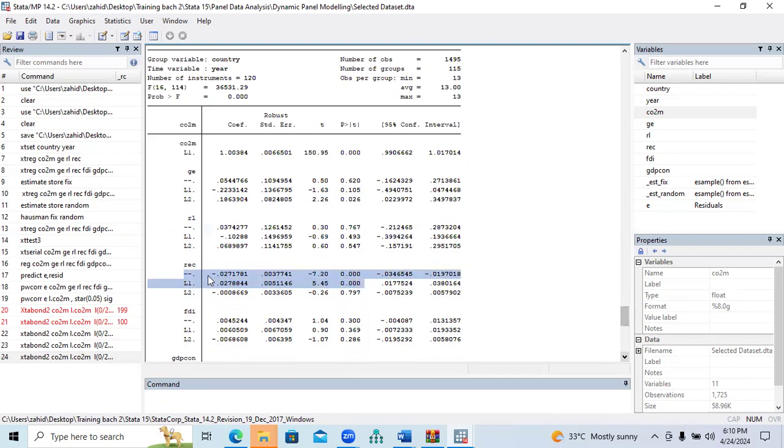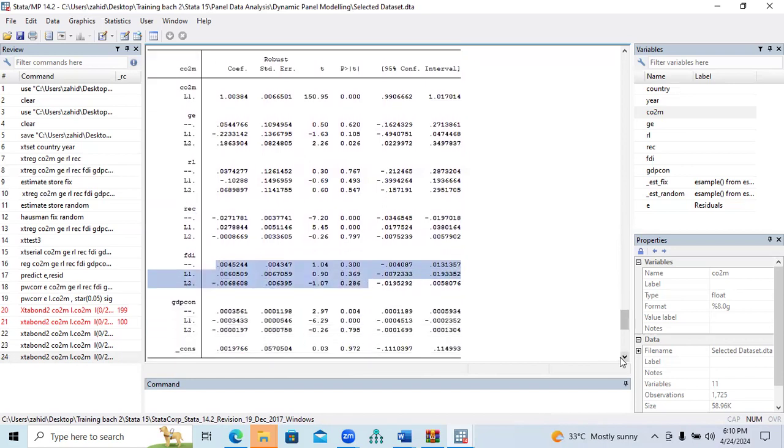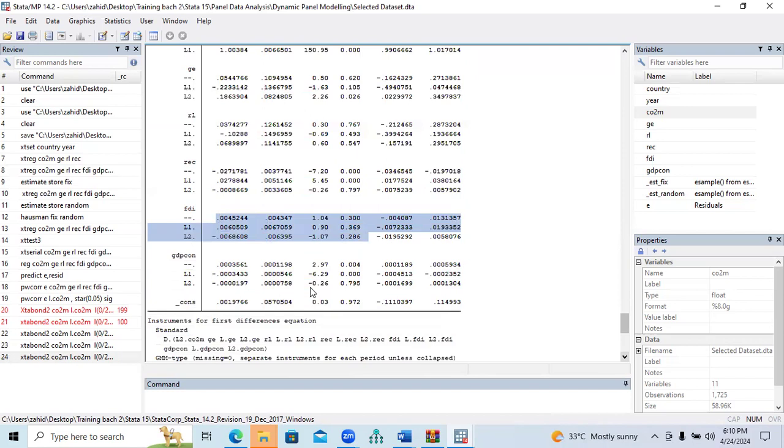In case of the current value it is negative, but in case of the first lag it is positive. Then if you see the FDI, it is not significant at the current level or the previous level. Then the GDP constant is significant at the current level as well as at lag 1, but with opposite sign.